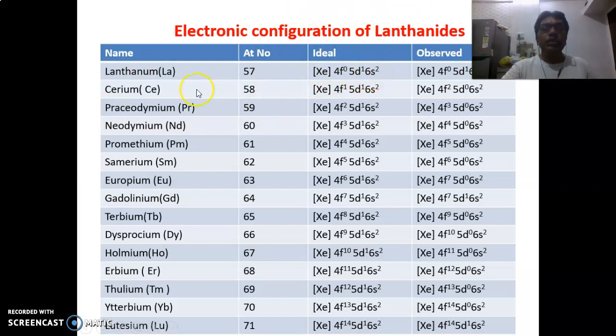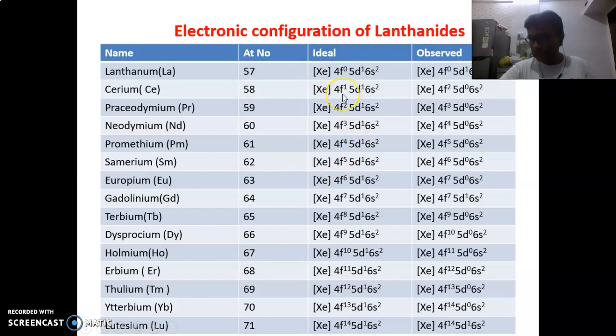You can see that in the case of lanthanum, there is no electron in the 4f orbital. Therefore lanthanum is actually not an f-block element, it is placed in the d-block transition elements. Then from cerium to lutetium, the addition of the electron takes place into the 4f orbital.